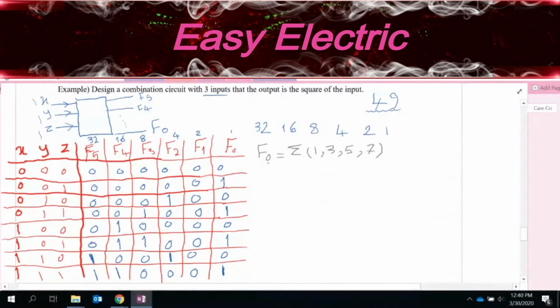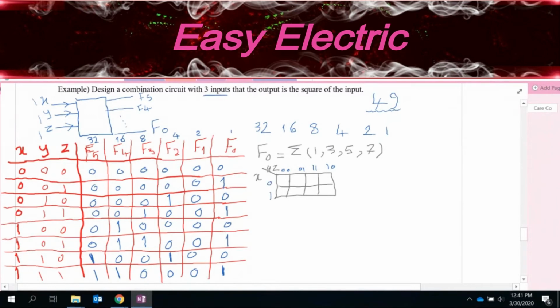It is a function with 3 variables, x, y, z. Its K-map should have 8 squares. You put x here, y, z here. The numbers should be 0, 0, 0, 1, 1, 1, 1, 0.